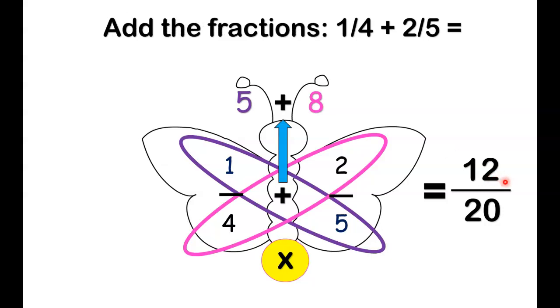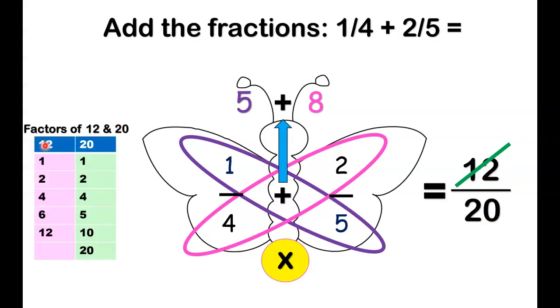Right there we have our fraction 12 over 20, and that could be our answer. But we know that with fractions, our answer should be simplified as best as we can. So what number can we use to divide number 12 and number 20, the same number, without leaving a remainder?